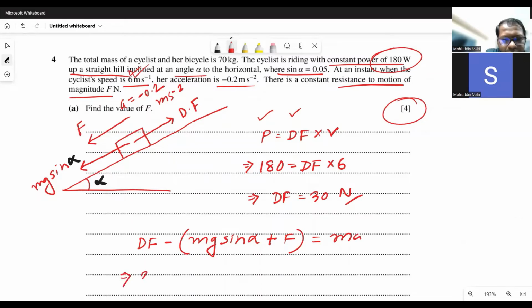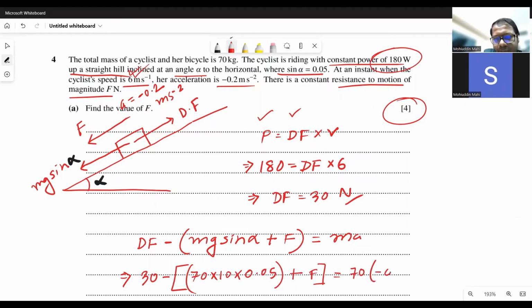So driving force is 30, mass is 70, the value of sine alpha is 0.05, mass is 70, acceleration is minus 0.2.